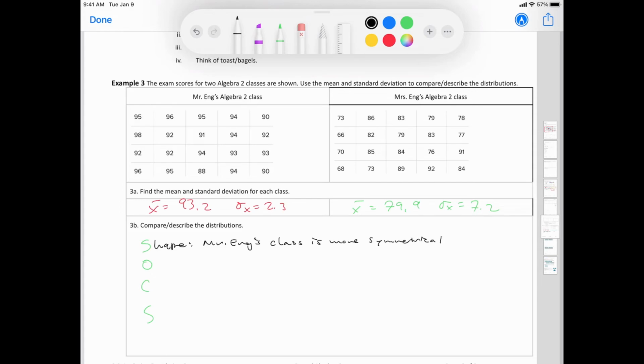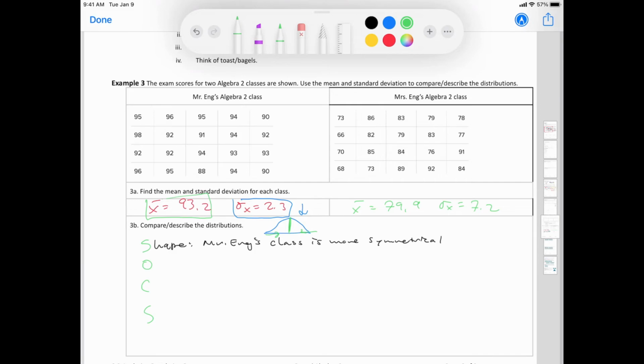And how do I know that? Because the standard deviation here is a low number. And because this is a low number, that means most of the data is in the middle and it's not spread out. So it's kind of squished in there. The jam is not spread out. The variability is low.